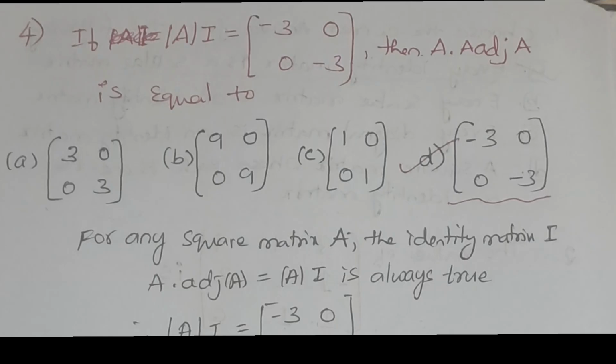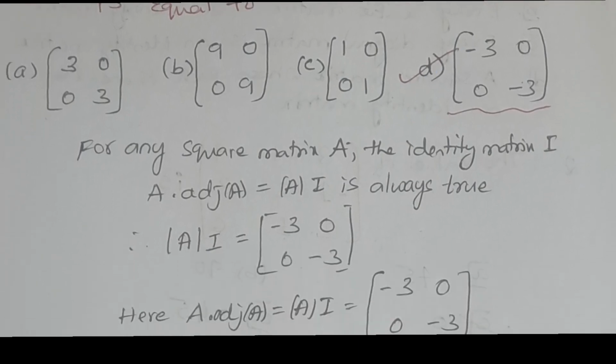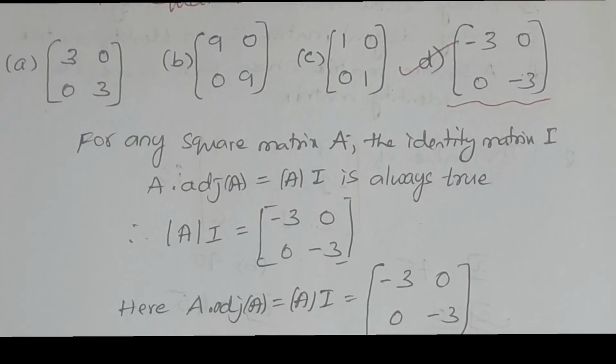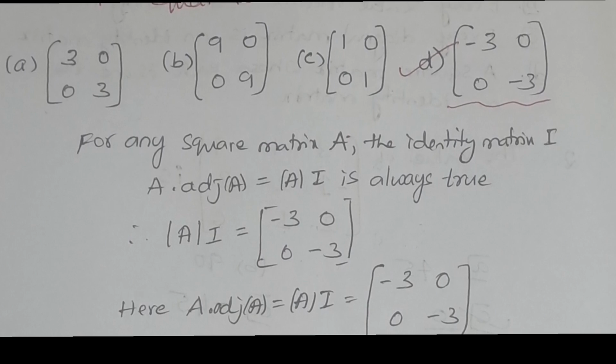If A is a matrix and I is the identity matrix as given, we have to prove that A into adjoint A is equal to what. The answer is option D. We'll see the answer. If any square matrix A and I is the identity matrix, then A adjoint A is equal to mod A times I. Always this is true.